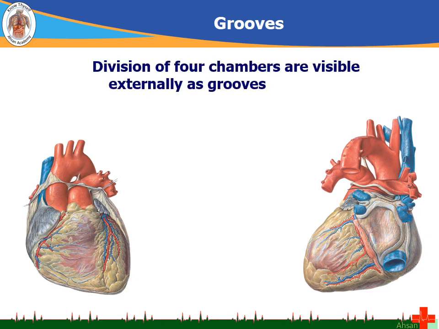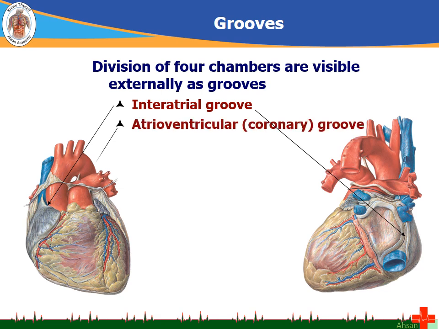The surfaces show demarcations of the chambers by some grooves. These are the interatrial groove, that separates the two atria on the surface. Atrioventricular groove that lies between atrium and the ventricles.